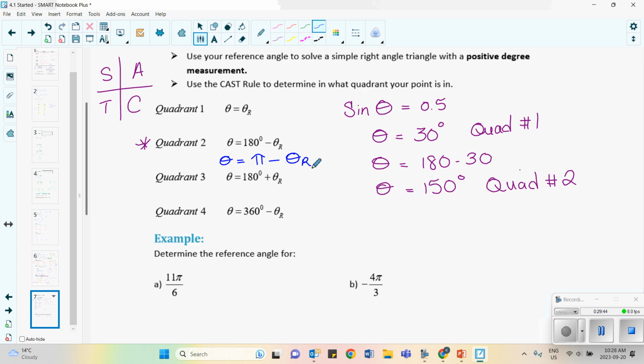Those are very different places, right? 2 pi and pi are very different places. Pi is 180, 2 pi is 360. So we're just translating this now into radians. This one's going to be theta is equal to pi plus theta reference.